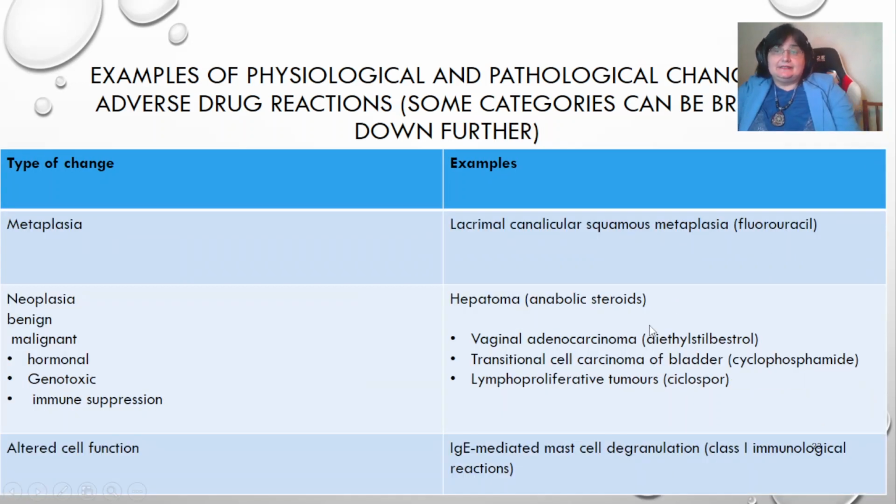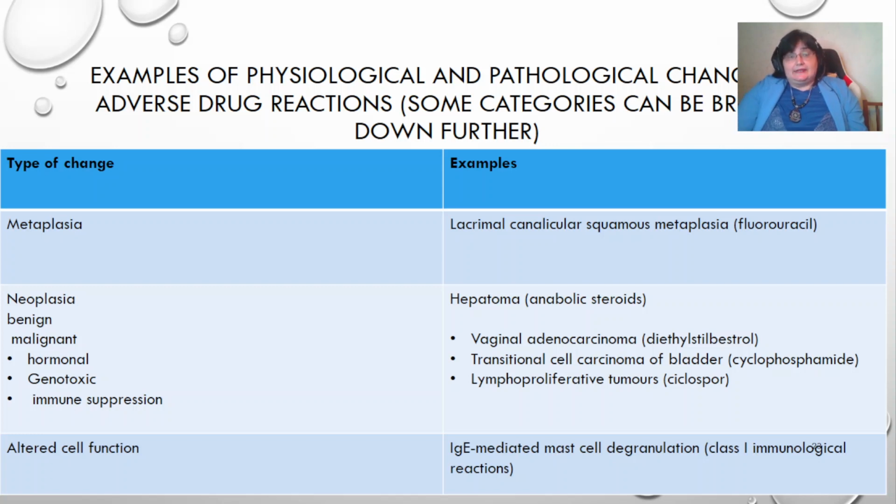Type of change is metaplasia. Example: lacrimal canalicular squamous metaplasia. It can be caused by the medicine fluorouracil. Neoplasia: hepatoma, anabolic steroids. It can be benign or malignant.